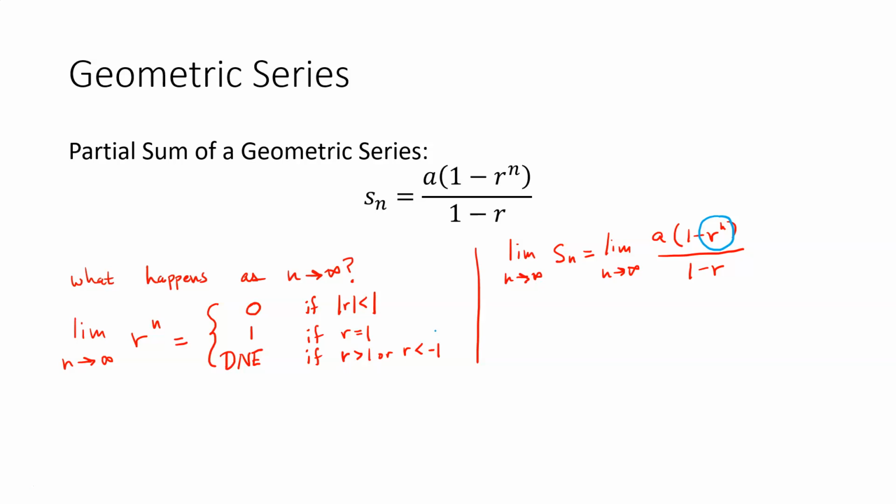As n goes to infinity, if r is less than 1 in absolute value, then this r^n here will go to 0. So we see that if r is less than 1 in absolute value, then this series becomes a sum of a over (1 minus r). Now this is only in the case if the absolute value of r is less than 1.